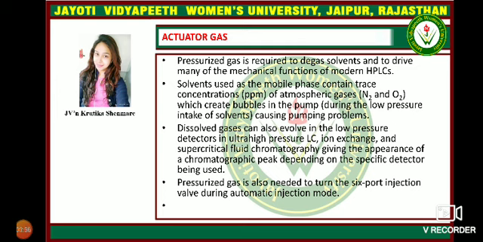Dissolved gases can also evolve in the low pressure detectors in ultra high pressure liquid chromatography, ion exchange and supercritical fluid chromatography, giving the appearance of a chromatographic peak depending on the specific detector being used. The pressurized gas is also needed to turn the 6-port injection valve during automatic injection mode.